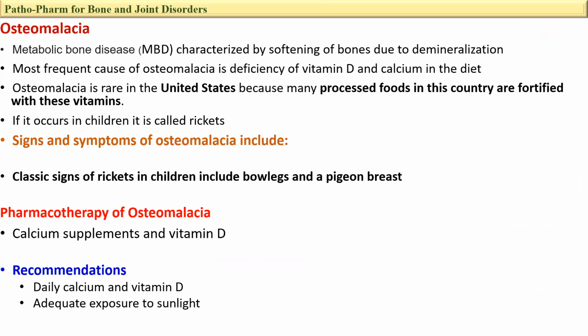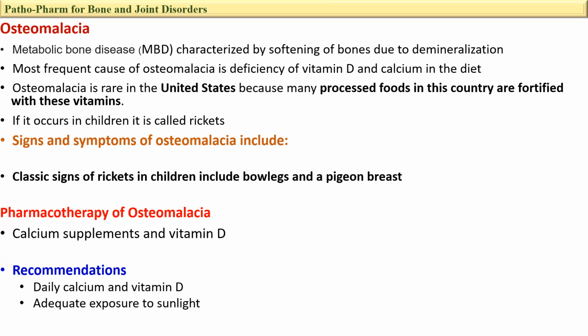Osteomalacia is an MBD, metabolic bone disease, characterized by softening of the bone due to demineralization, less calcium getting into the bone. The most frequent cause of osteomalacia is the deficiency of vitamin D and calcium in the diet.